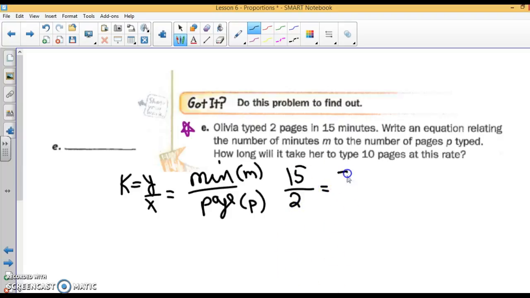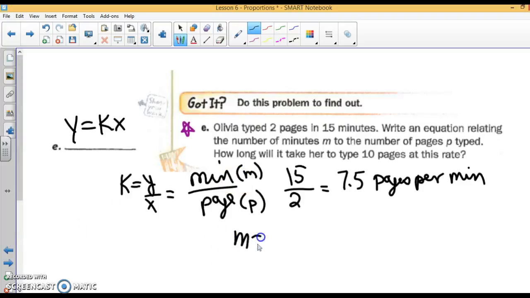If you divide that, you will get 7.5 per page. So, what will my equation be? Our equation is Y equals KX. What is our Y value? Right here. Our Y value is M equals 7.5, because that's what we found K to be, times the pages.